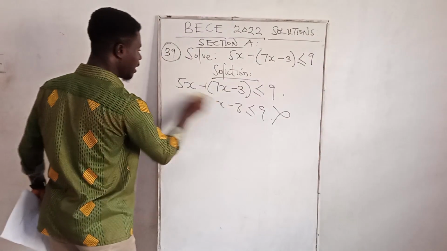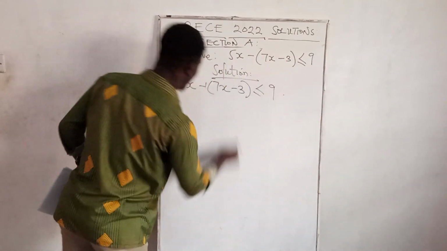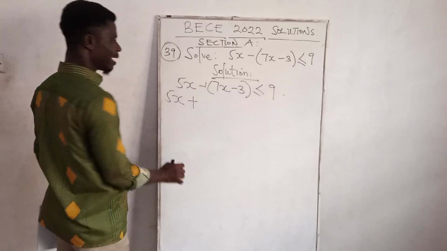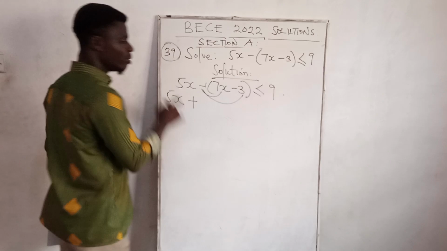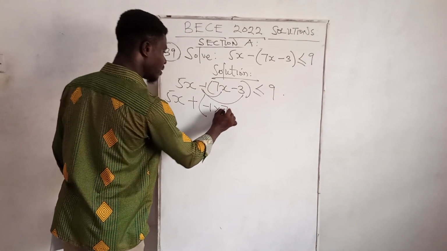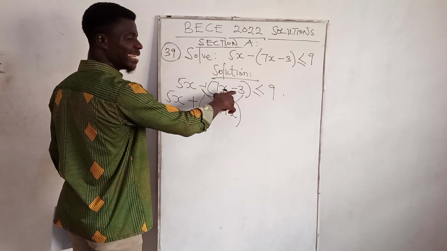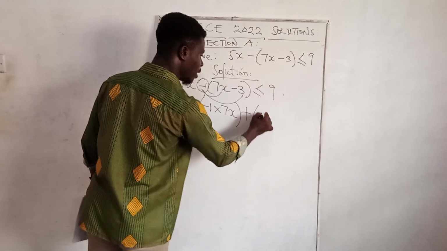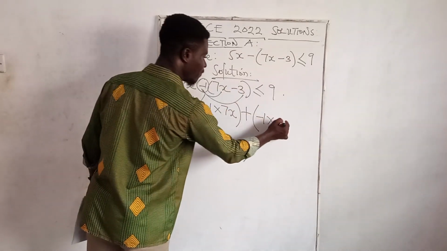So now, when I'm solving this question, because here is negative, I take note, then drop plus. So I use that to multiply because I'm afraid of negative. So I get negative 1 times 7x. Then here is negative, I drop plus. Then I use the whole of negative 1 to multiply with negative 3.